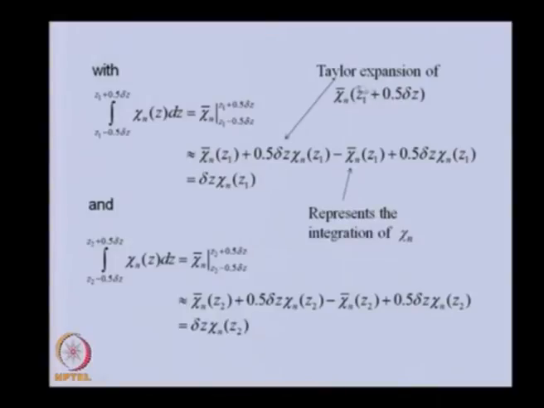If we expand that using Taylor series expansion, we will see that this is the first term and this is the second term, because the differentiation of this term will be there, so the integration term will go away.